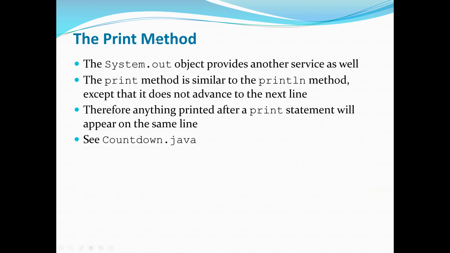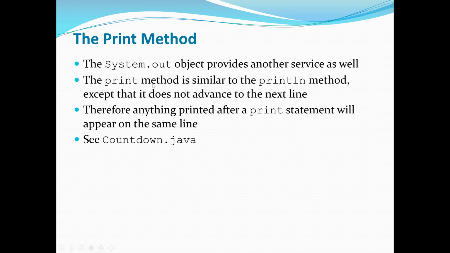The System.out object provides another service as well, which is the print method, which is also similar to println. Now, the difference between the two is that with println, when the parameters are printed, the cursor will move to a new line. But with print, the cursor will stay on the same line.